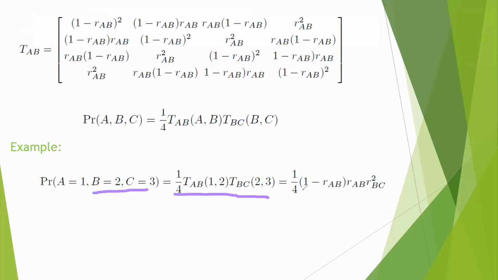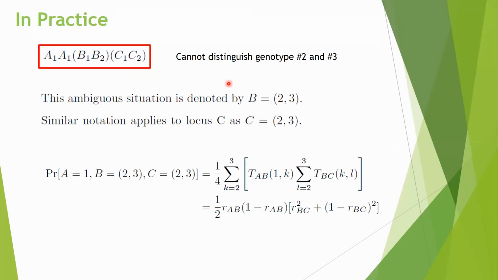We just find this solution immediately. However, if we cannot distinguish these two genotypes, we have to add these two together. So what does that mean? Let me show you specifically.